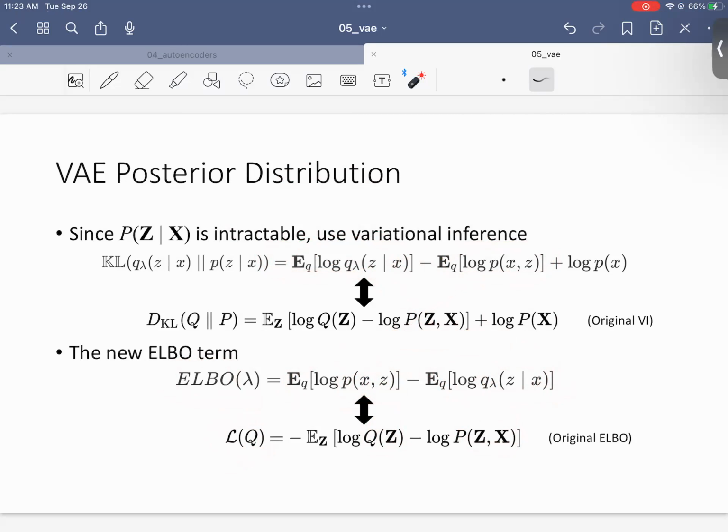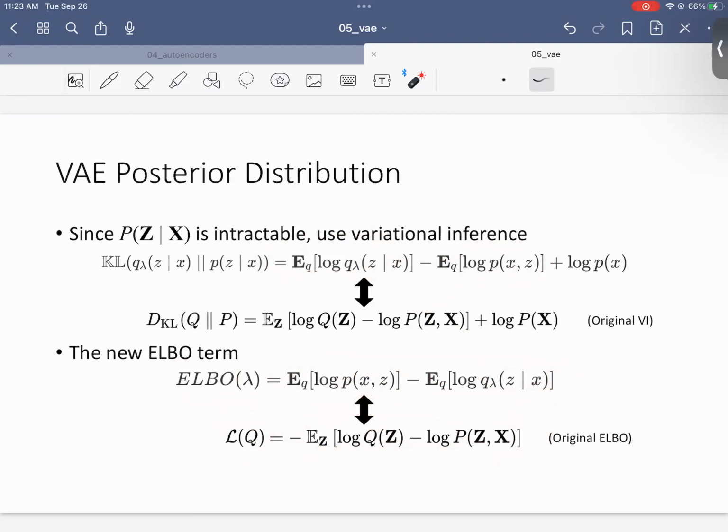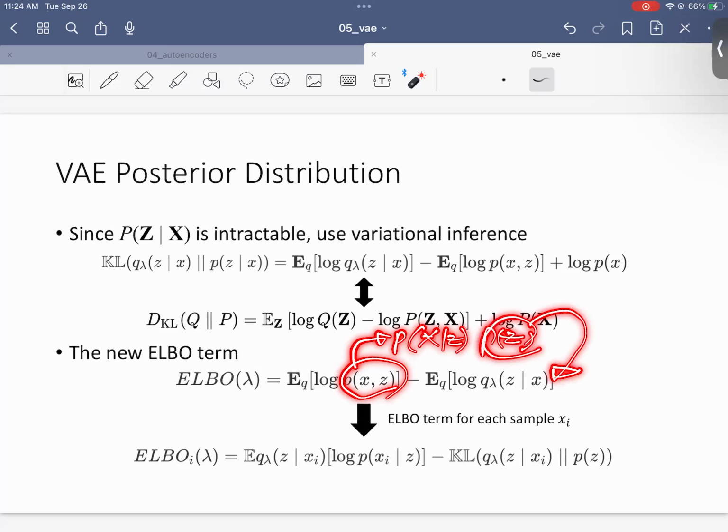So just like before in VI, we wanted to maximize this ELBO term. Now in VAE, we want to maximize this ELBO term, right? And that's what we do. So as I said, we decompose into P(x|z) times P(z), and then you take P(z) to this part here, right?